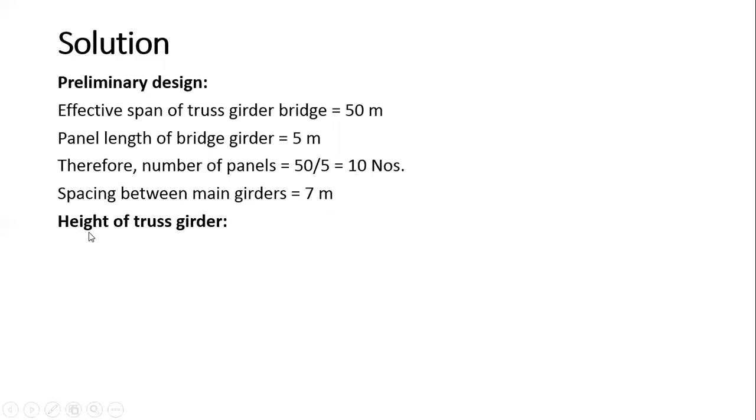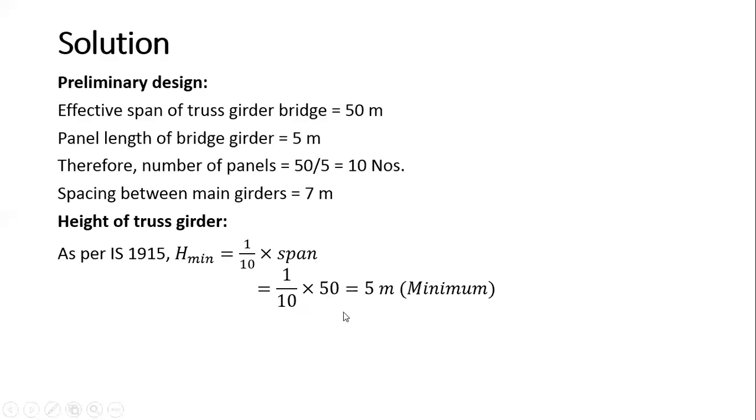Now first of all, I have to calculate the height of the truss girder. As per the code IS 1915, that is a bridge code, the minimum height is given as 1 by 10th of span. You have to choose the height as 1 by 10th of span. So span is 50 meters, so this is the minimum height, that is 5 meters. Now for economic consideration, the height of the truss will be taken as 1 by 7th of the span.